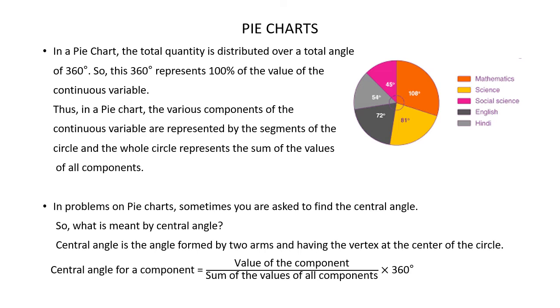So if the value of the component of that segment is 10%, then the central angle for that segment is 36 degrees. So if the value of any segment is given in percentage form, then you can find the central angle for that segment using this formula.